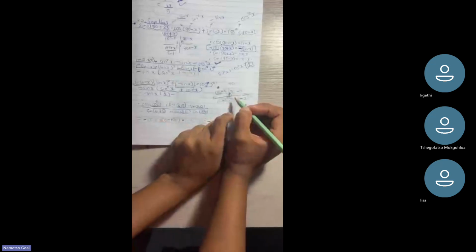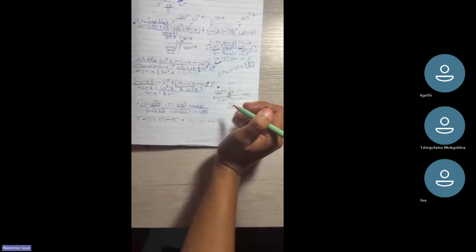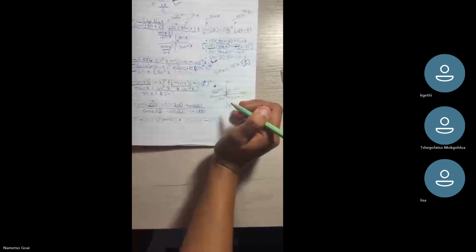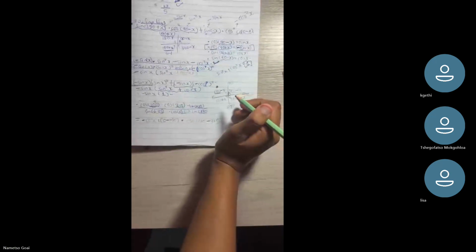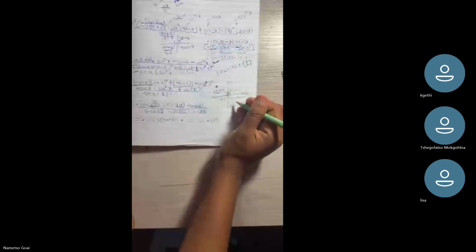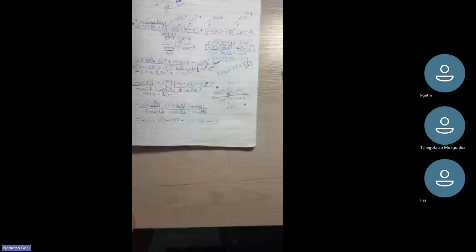Fortunately, it's the quadrant where cos is positive. Do you see that? Do you guys understand this and this? Yes, ma'am.